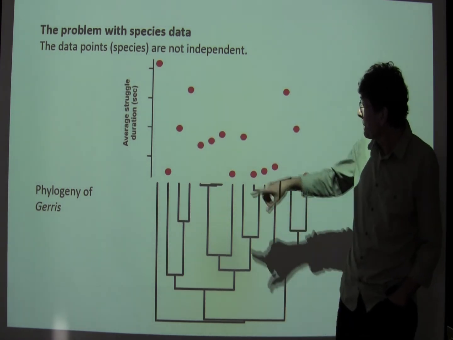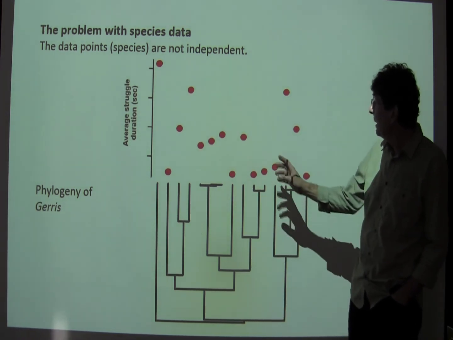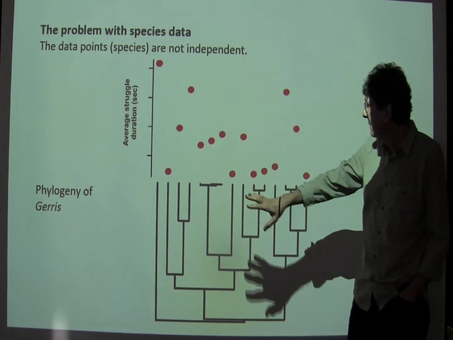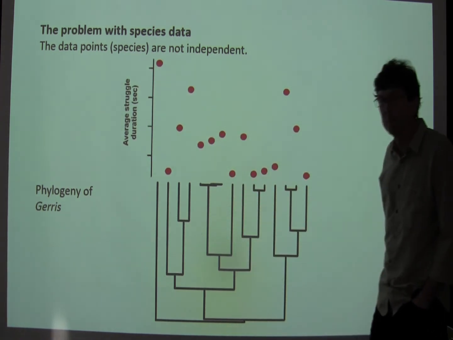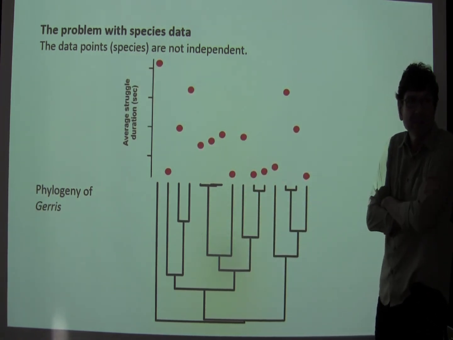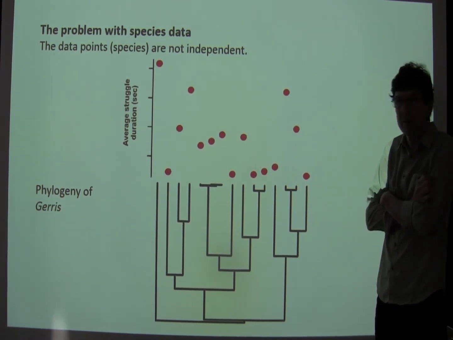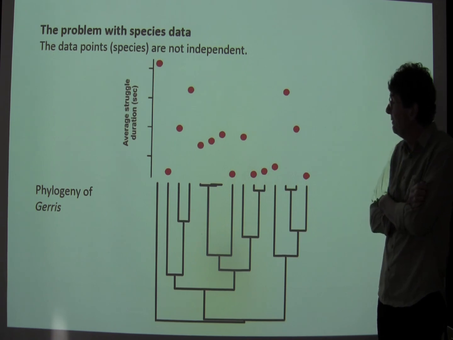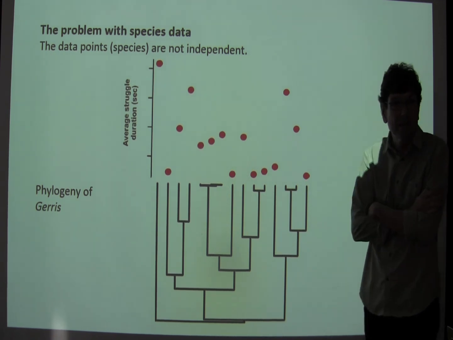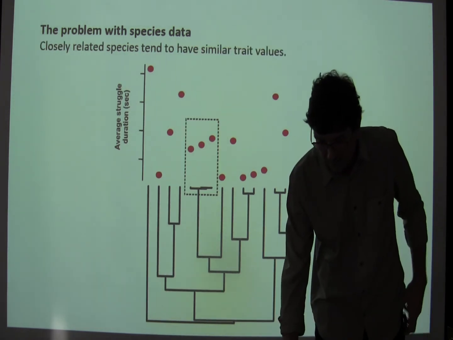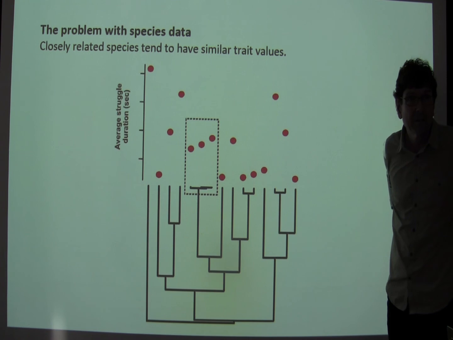And we can see that there's a pattern whereby a general tendency for this particular trait, average struggle duration, to be similar between similar species, which is, I think, pretty remarkable for a behavior which you might think would be evolutionarily fairly volatile. Here, there's a tendency for closely related species to have similar values. So there's an example.